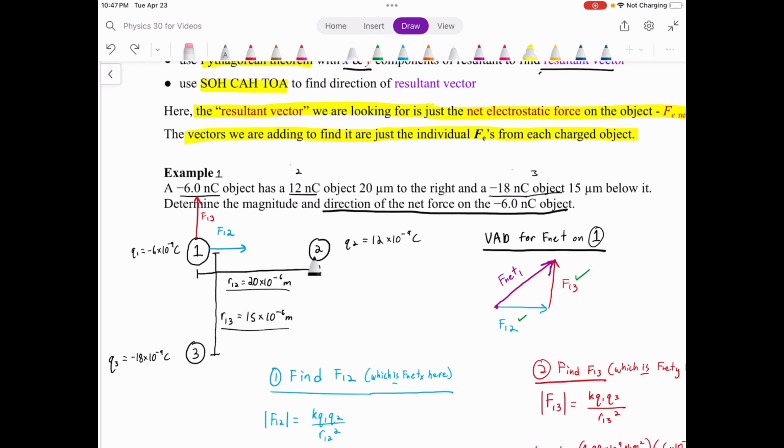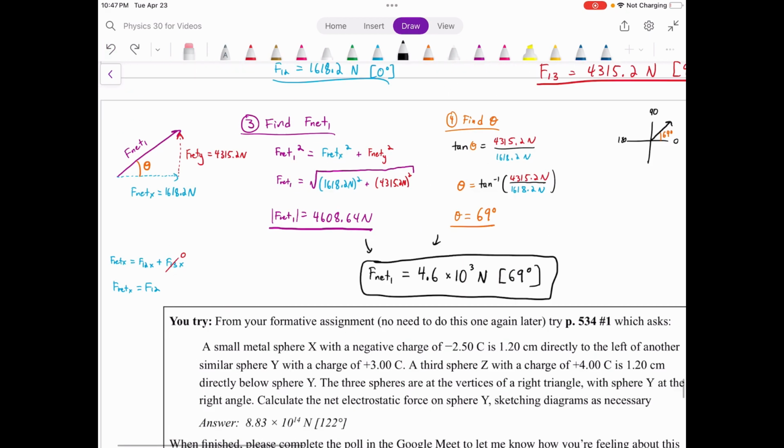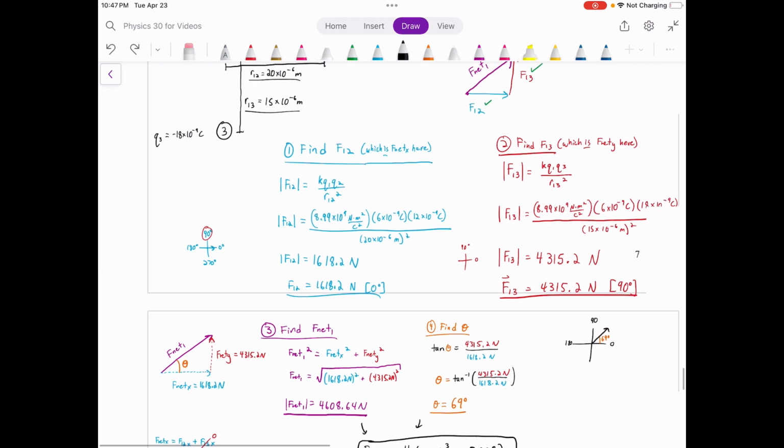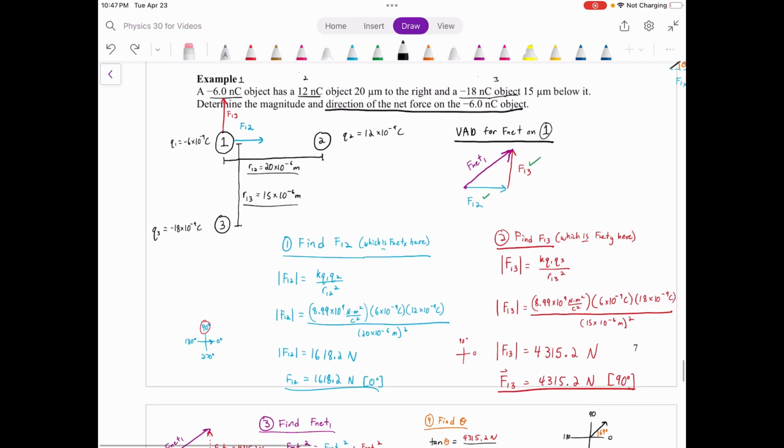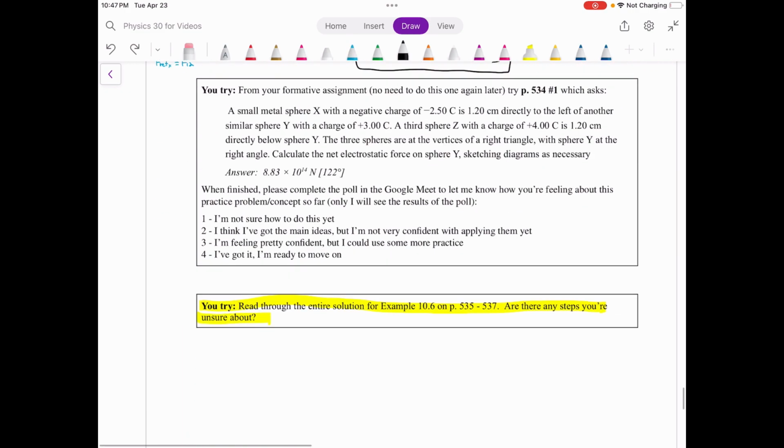I mean, we could still handle it, but in that case, the force from object 3 would be at an angle, so we'd have to split that into its x and its y components, then add up the x component of that with the x component it feels from object 1, right, to get F net x, then do the same in the y-axis, and then Pythagorean, and then SOHCAHTOA. So similar process, but an extra step of actually having to separate into x components and add up multiple x components. So this example is like that.